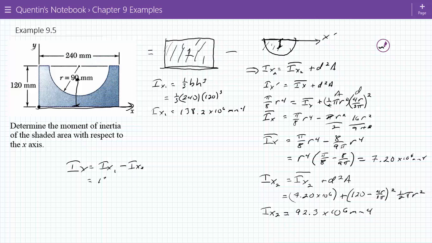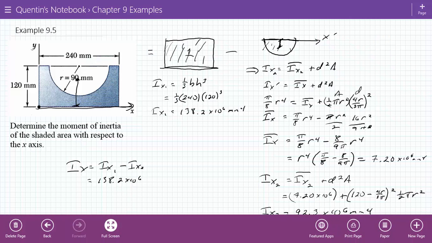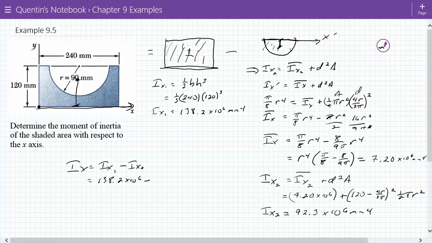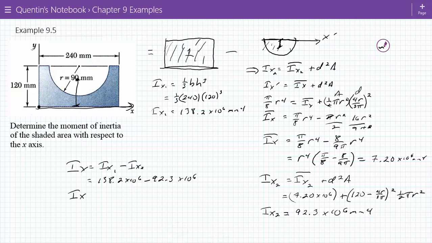So it's 138.2 times 10 to the 6th minus 92.3 times 10 to the 6th. So the Ix of the whole thing ends up being 45.9 times 10 to the 6th millimeters to the 4th.